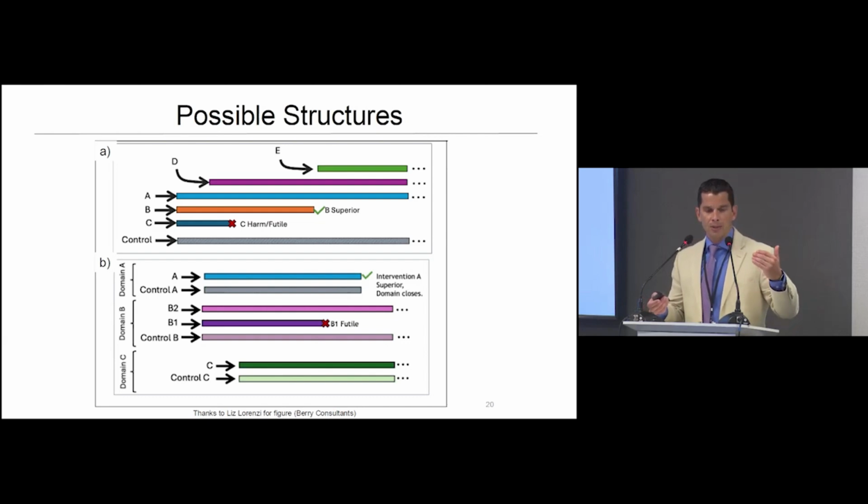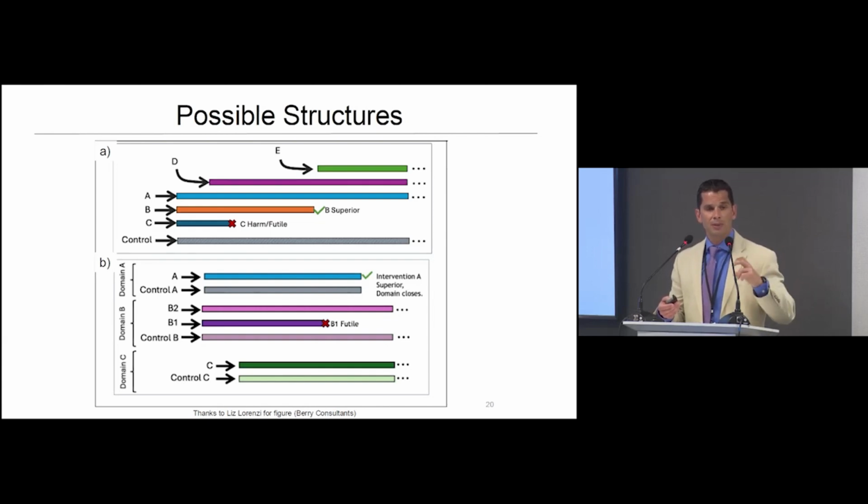And then schematic B is saying, well, actually, I have different domains, and John touched on this more in depth, where he talked about REMAP-CAP and these different domains. What is a domain? It's really a set of interventions that you'd randomize to. So it could be a certain class of drugs, it could be a certain type of therapy, and you have randomization with each one of these domains.